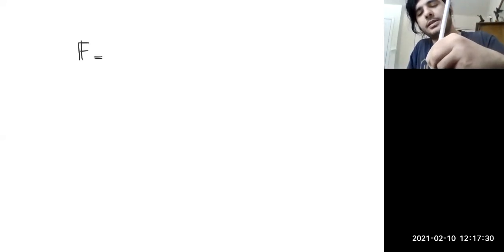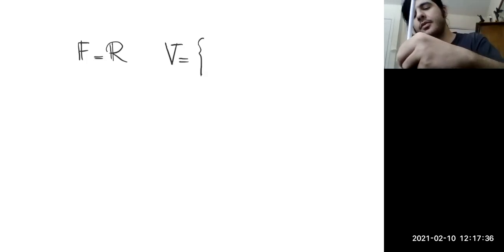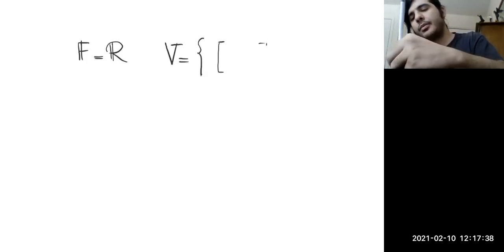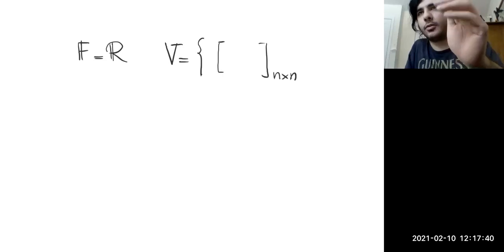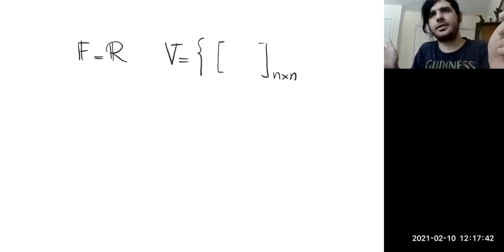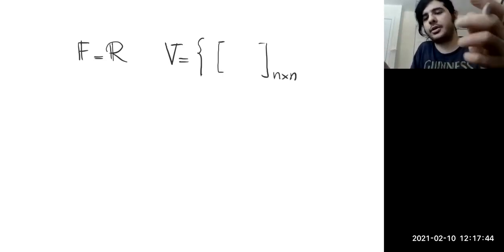Okay, so now look at this example where we fix the field to be the field of real numbers, and I define V to be the space of all n by n matrices over R, where n is just a positive natural number.